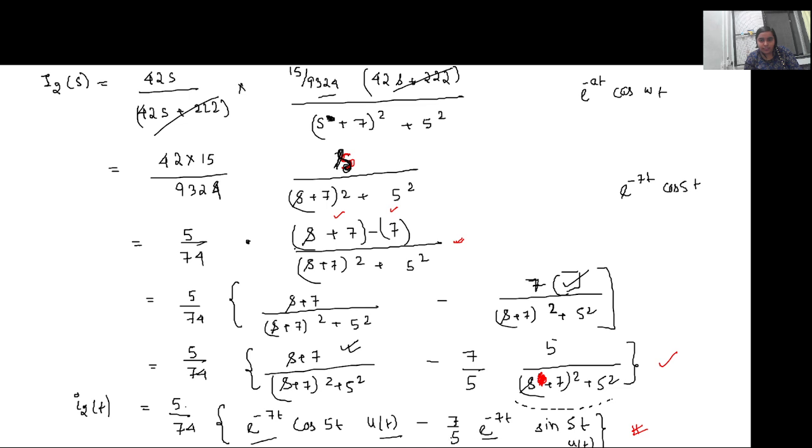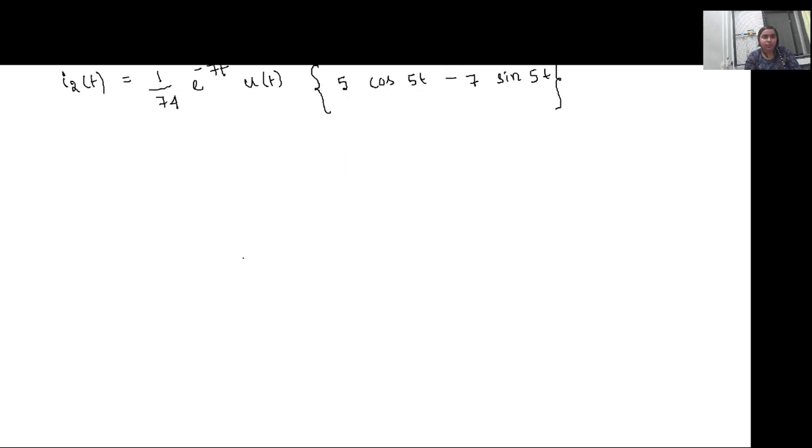So this denominator gets cancelled, and an additional 5 comes out here. And I'm taking out the e to the power minus 7t and u of t outside the bracket, because it is common in both. Now this expression you have to write in terms of either cos of a plus b or sine of a plus b.